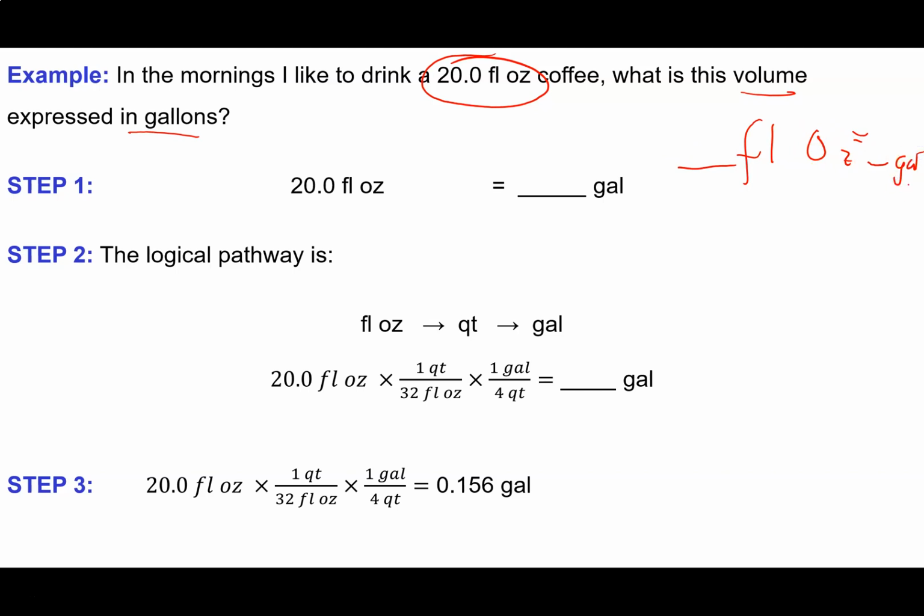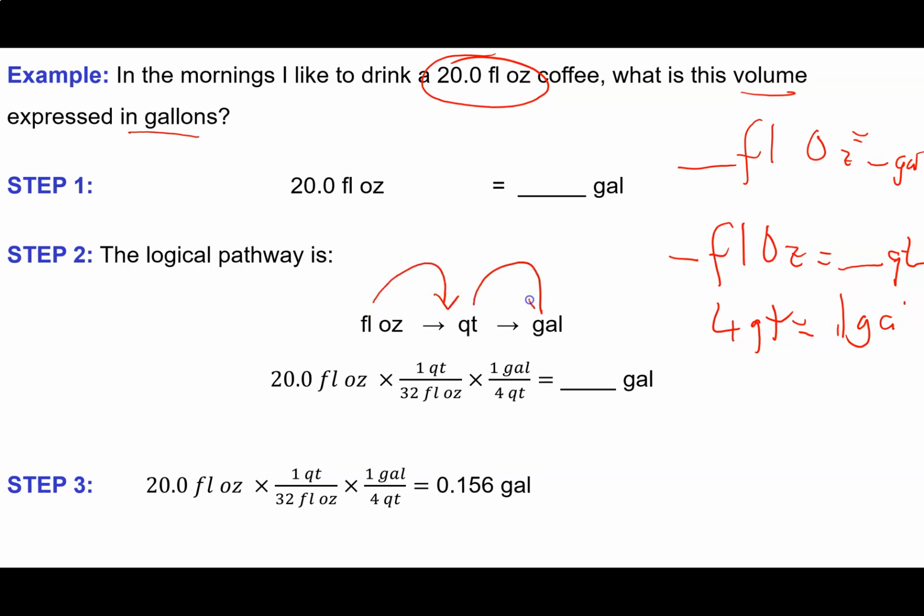Now, when I looked in the book, they didn't have any relationships between fluid ounces and gallons, but they did have a relationship between fluid ounces and quarts. And then I knew that 4 quarts equals 1 gallon, but they also had that in my book as well. So what I'm going to do is go from fluid ounces to quarts and then over to gallons, because that's the conversion factors that I had available to me.